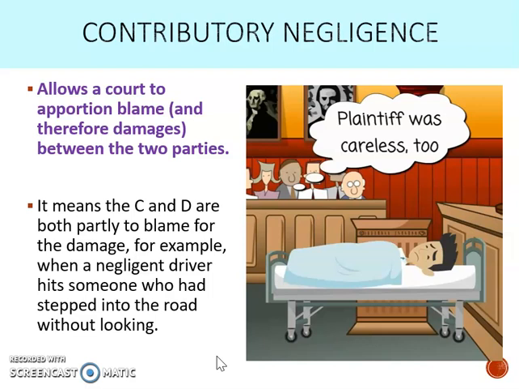In that situation, yes, the driver's at fault, but also you can say the person not wearing the seatbelt is also partly at fault for their own injury. So this defence allows us to apportion the blame and reduce damages, basically depending on the person's stupidity in the incident.